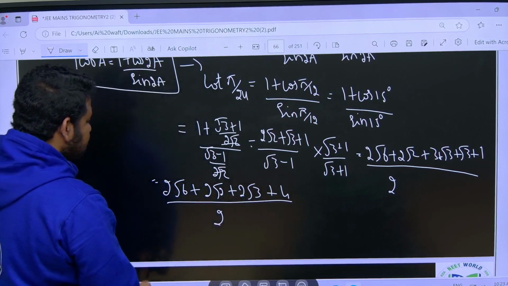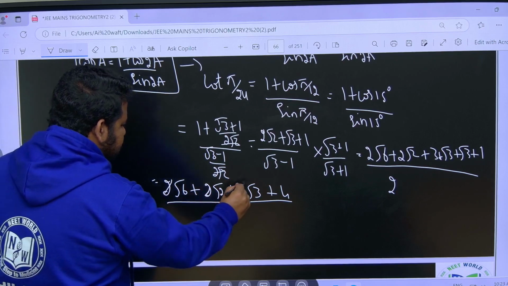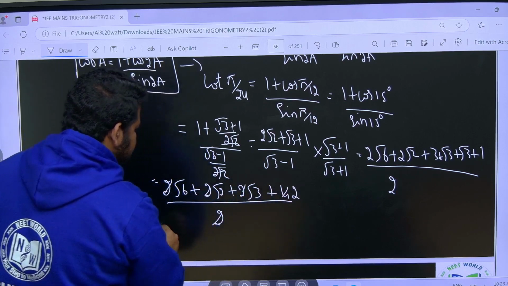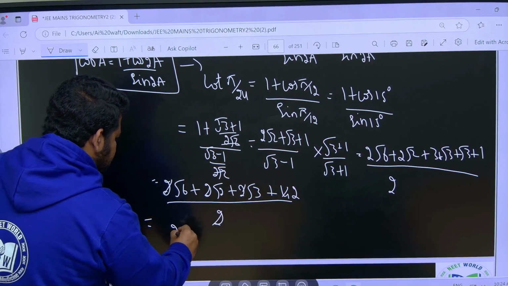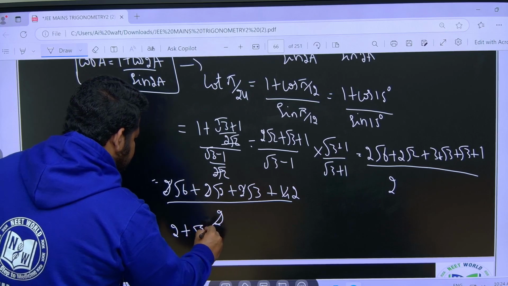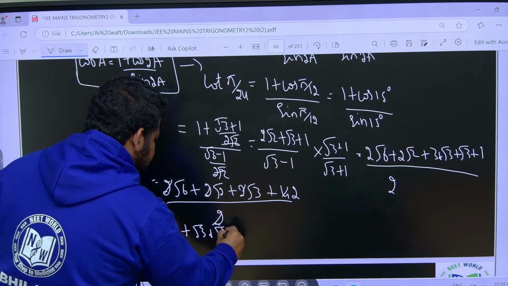Now what can I do? This 2, this 2, this 2, this 2, and this will be 2. So what will I get, friends? I will get 2 plus root 3 plus root 2 plus root 6.